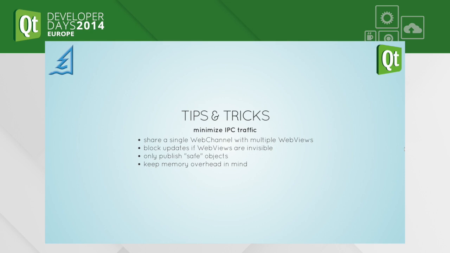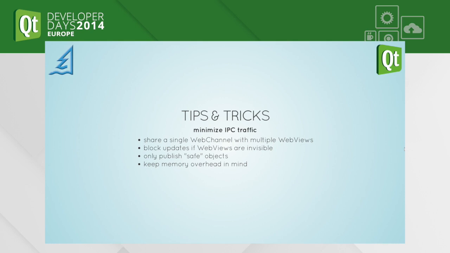There is a possibility that if you have multiple web views running, you share their web channels. What that brings you is that you can save the serialization step and only do it once instead of once for every web view you have. Our customer did that for running multiple apps in a sandboxed way.